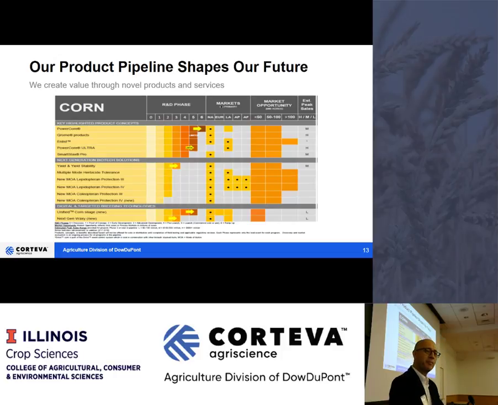This is an example that comes from the reports that we do for the investment community every quarter. If you go through those reports, there will be a portion reporting things like what you see here. This is a slide that outlines all the different product concepts that we have outlined for corn in particular.